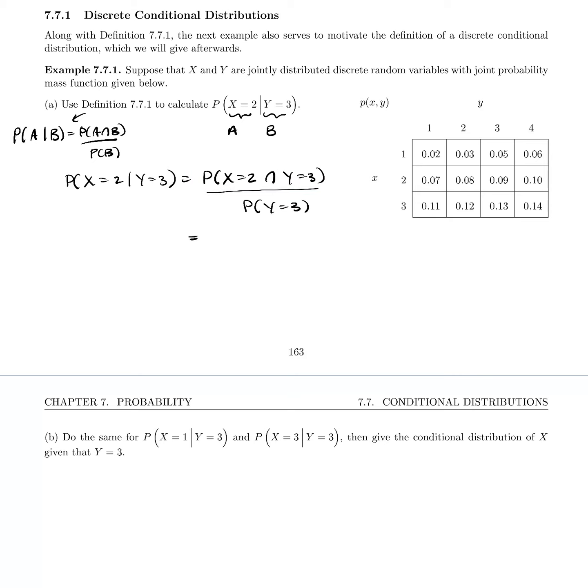So that is exactly little p of 2, 3, the joint mass function, divided by the probability that Y is equal to 3, a single one of the two random variables, which is given to us by the marginal, p sub Y of 3, the marginal mass function of Y.